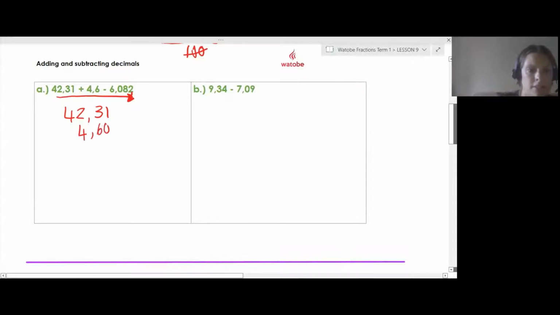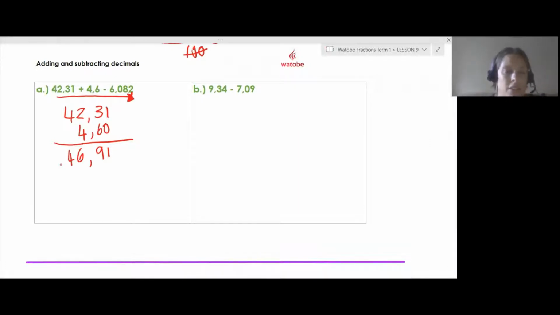So then 1 plus 0 equals 1, and 6 plus 3 equals 9, 4 plus 2 equals 6, and 4 plus 0 equals 4, ma'am. So my answer was 46,91. Okay, remember we just say the digits after the decimal. We don't call it a 91 because it's 91 hundredths. So carry on.